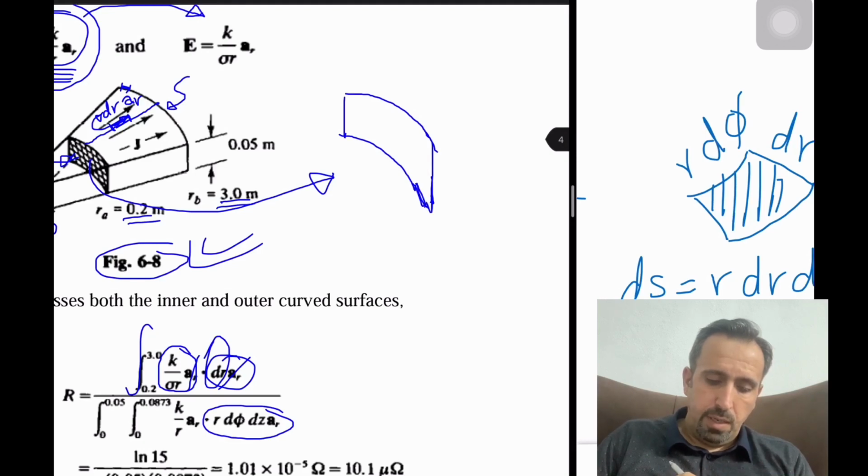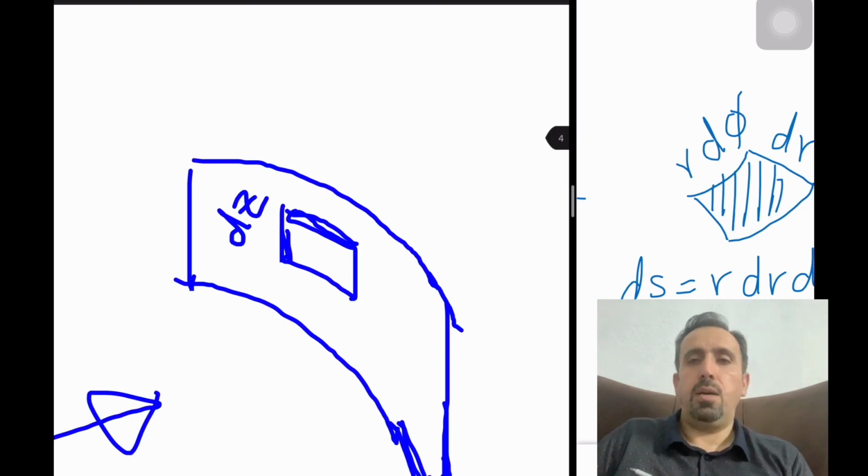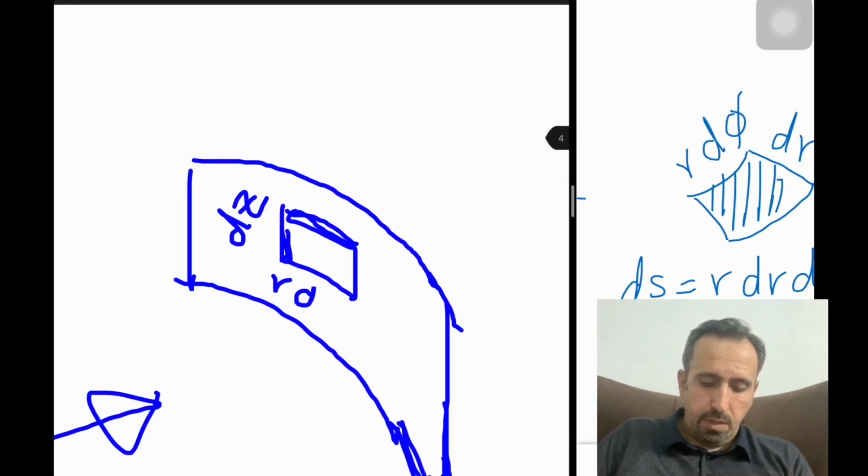Okay, like that. Now if you take a piece of it like that, sure, may I zoom in? It will be composed of dz and the arc. The arc will be r d phi.